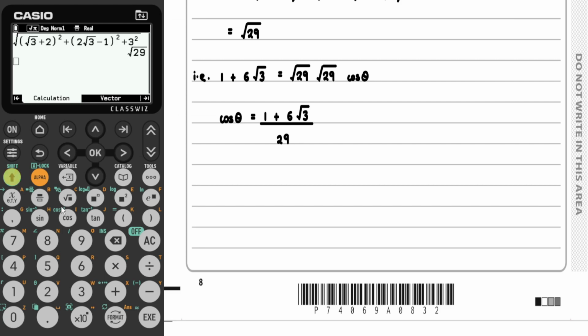We would have the inverse cosine of 1 plus 6 root 3 over 29, which is equal to 66.868, etc. So in other words, theta is equal to 66.9 degrees.